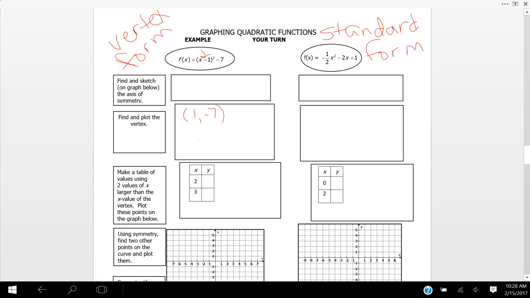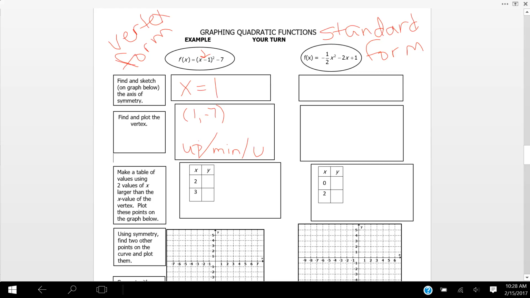So 1, -7 is my vertex. And I also know that x equals 1 is my axis of symmetry because it's a 1. I know, just FYI, that because my A term is positive, it's going to be concave up. It's going to have a minimum. And it's going to look like that.